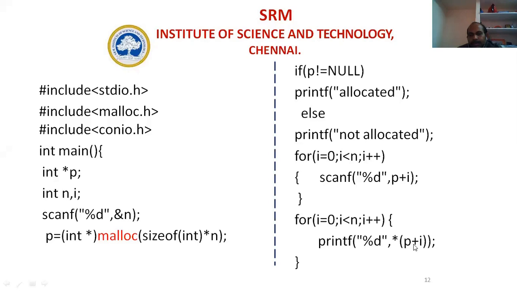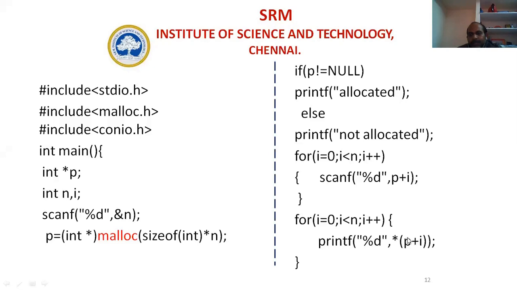That means star, you know what star is, right? Star is used to access the value at that particular block. Initially the starting address will be there. So plus 0 means it will start at the starting address, and the value at that particular address will be taken. Again it will go here, i is equal to 1, now p plus 1.